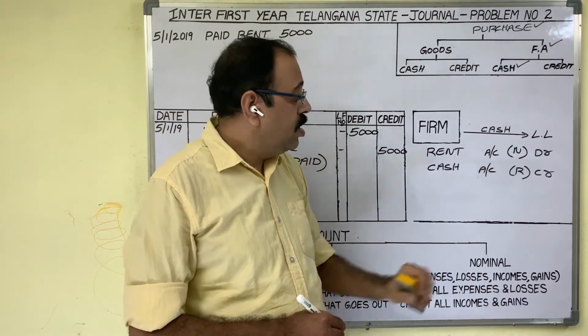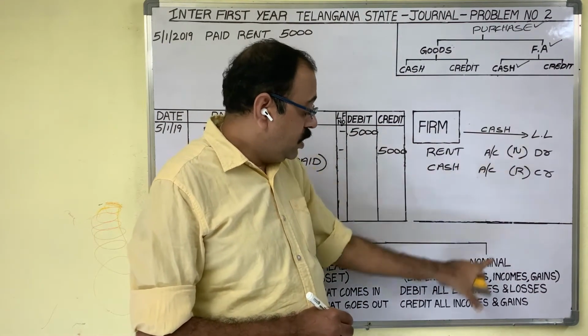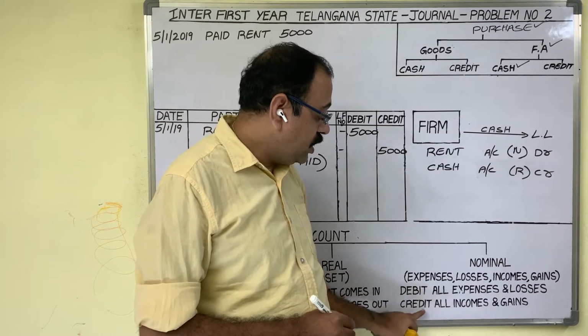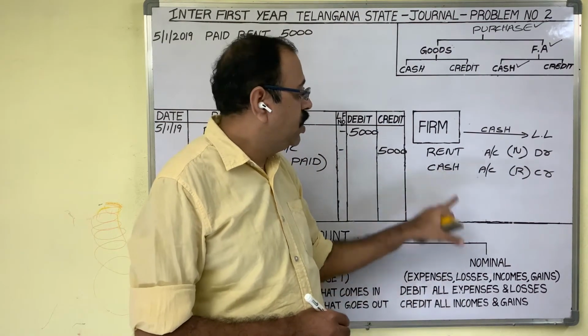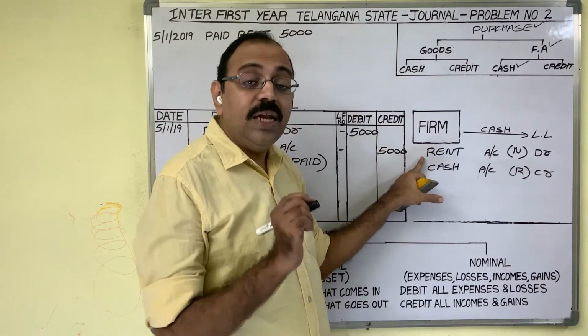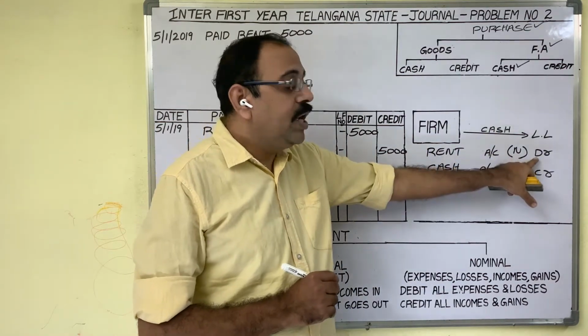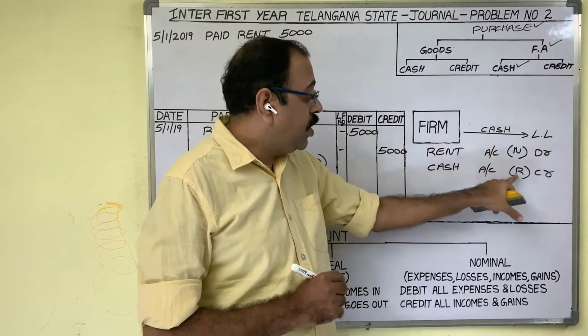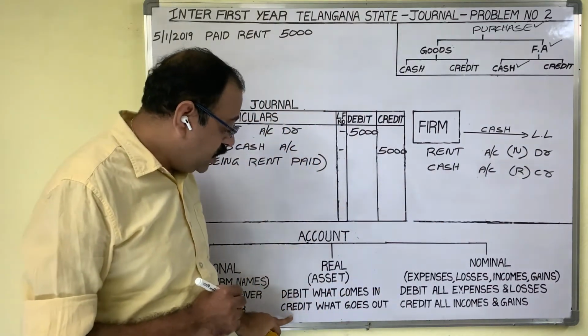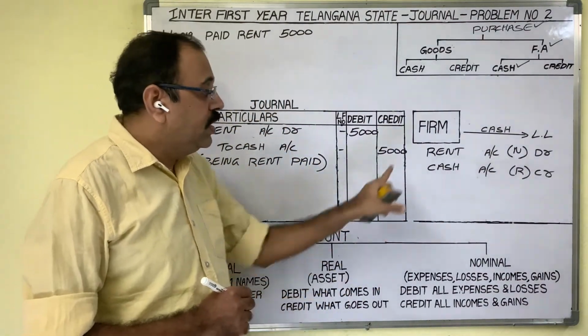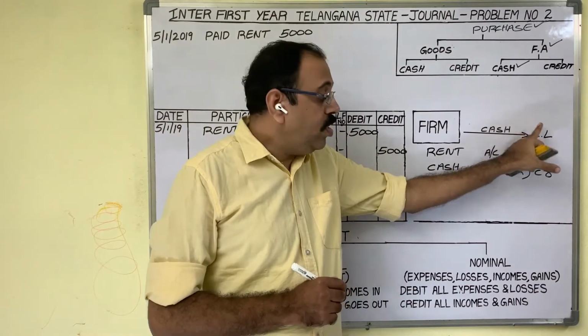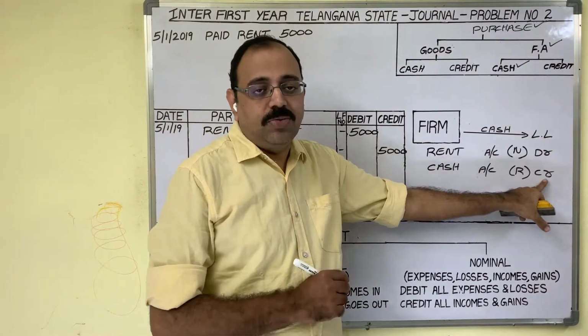Apply the formula. For nominal account, debit all expenses and losses, credit all incomes and gains. To the firm, rent is an expenditure, therefore debit it. Real account rule, debit what comes in, credit what goes out. Cash is going, therefore credit cash account.